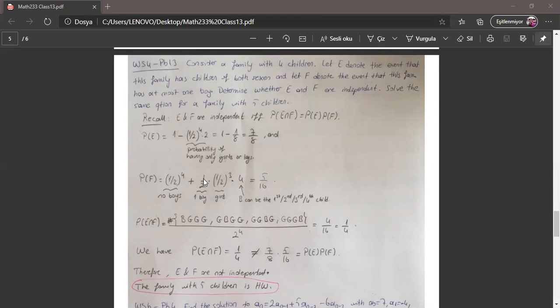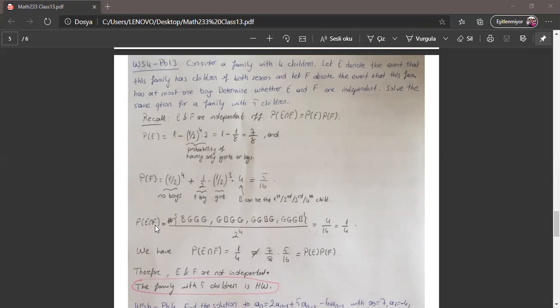To get a boy is 1/2. To have 3 girls, the probability is this. Why do we multiply by 4? Because we don't know which one is the boy. Maybe their first child is the boy or the second is the boy. So we multiply it by 4. Thus we get this result.